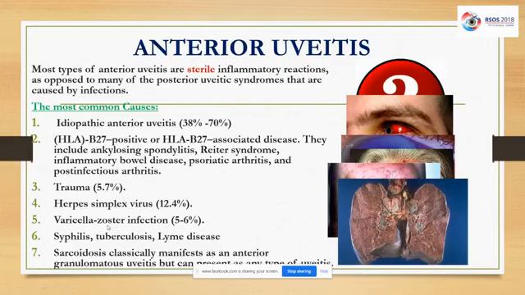I have many patients with sarcoidosis who presented with just anterior uveitis without involvement of the posterior segment, and usually the inflammation is not granulomatous, despite the patient having a clear history of sarcoidosis.